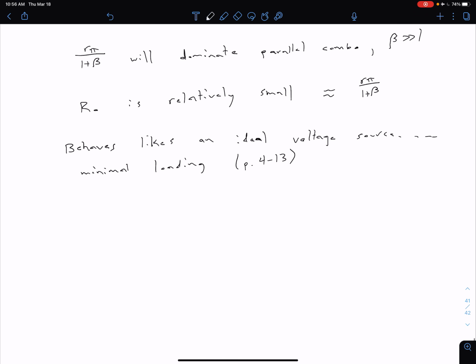For this reason, because it has minimal loading when we connect other things to the output, oftentimes we're going to use this common collector emitter follower as the output stage in a multi-stage amplifier.